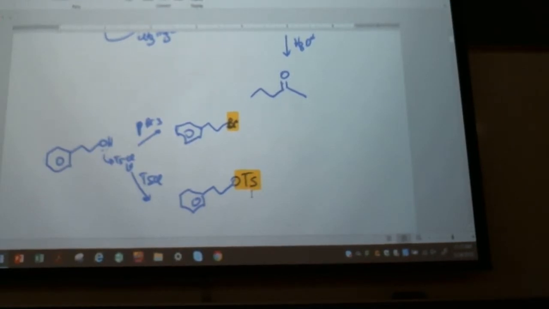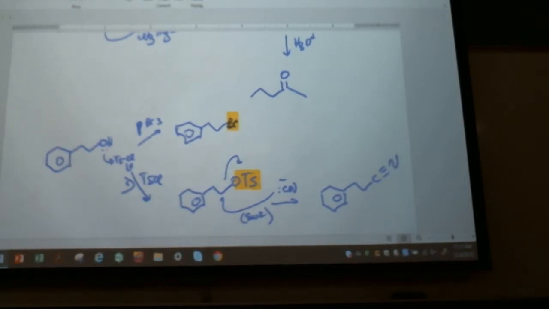So the thing in here says, okay, let's first put the tosyl chloride to form the tosylate, and then we put sodium cyanide. So the cyanide ion comes, displaces, just like it would do with a halide, SN2 reaction, and we're going to have this.